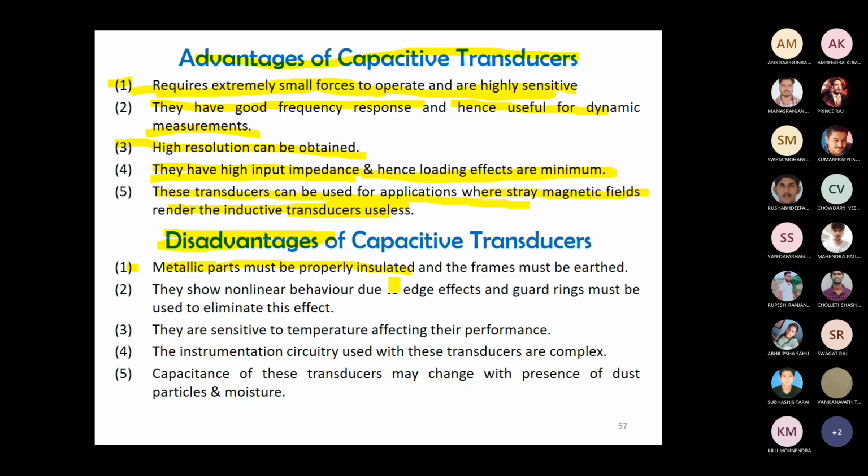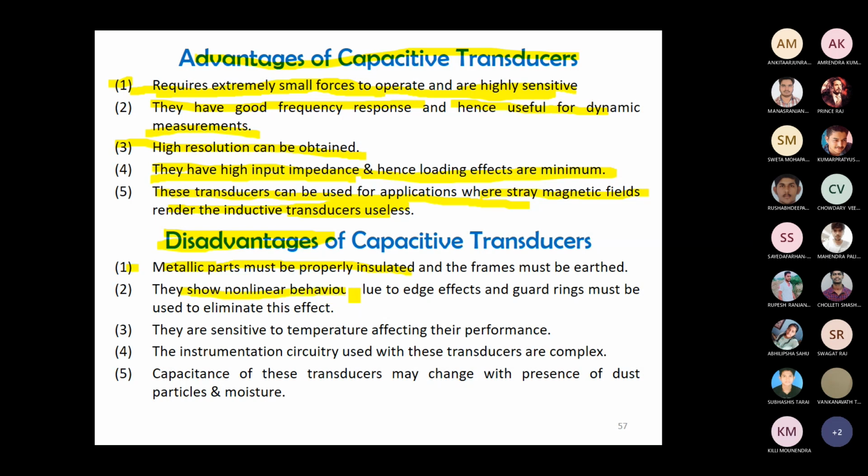You have to take proper precautions. If proper insulation is not there, your electrodes will be biased by external fields. Another problem is that charge will pass through that electrical path. So proper insulation is required.